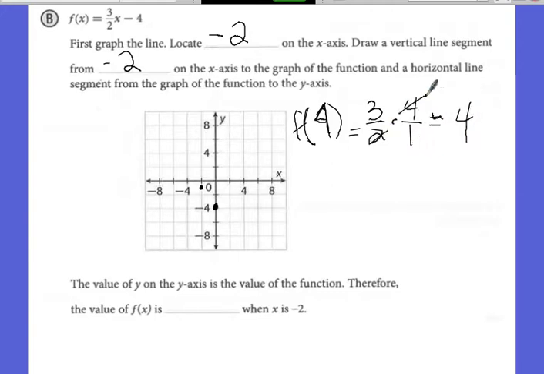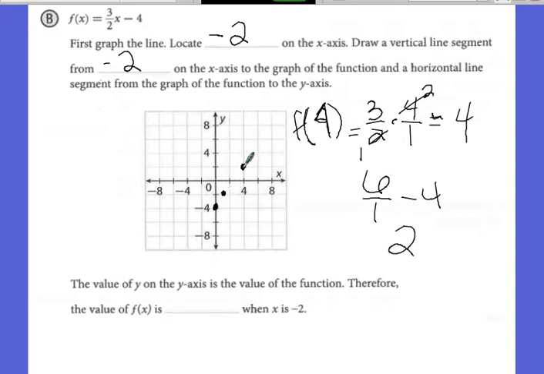We can simplify, so I get 6/1 minus 4, which ends up being 2. So when I put in 4, I get 2. And actually, I went backwards on this. Hopefully you caught that before I did. When I put in a +2, I got a -1. And then here, when I put in a +4, I got a +2.